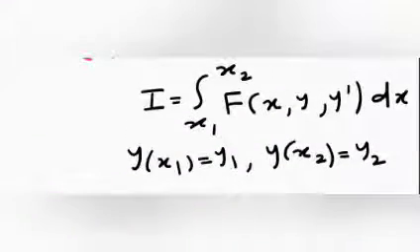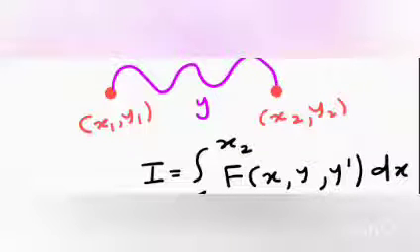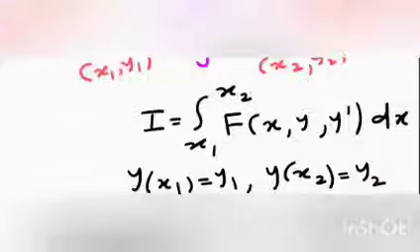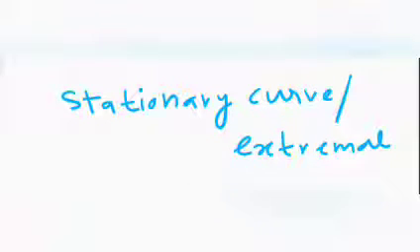Okay, so that is the first term that we are defining. On to the next one. Here what are we doing? We are finding a y between x1, y1 and x2, y2 that is extremizing this integral, right? Such a y that extremizes this integral and satisfies the boundary conditions is called a stationary curve or extremal.